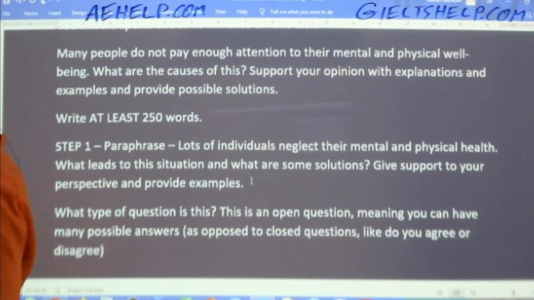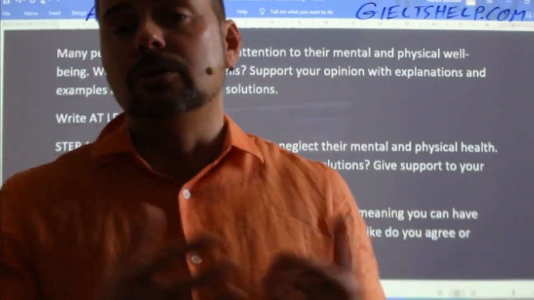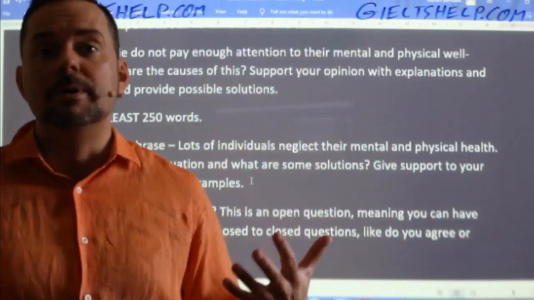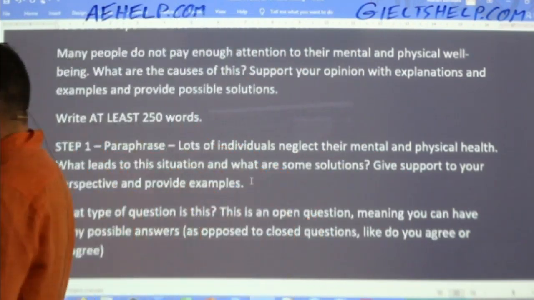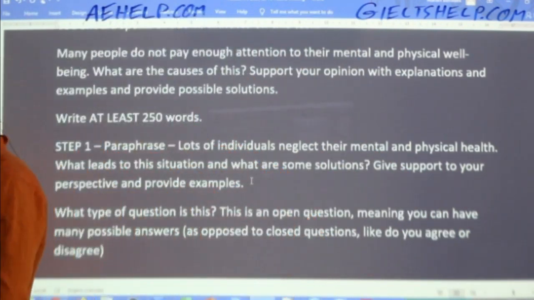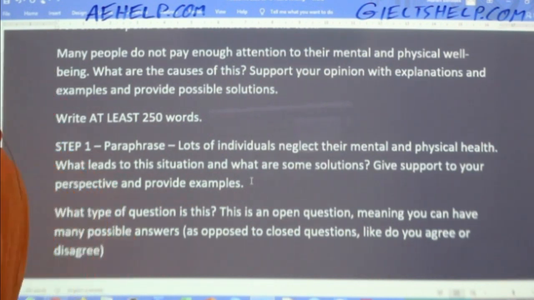If it's a do you agree or disagree question, it's basically a closed question because you either agree or you disagree. But here, it's an open question. You can have a lot of different answers, so you need to be really careful when you're making your choices. Okay, so it's an open question, and it's causes and solutions.